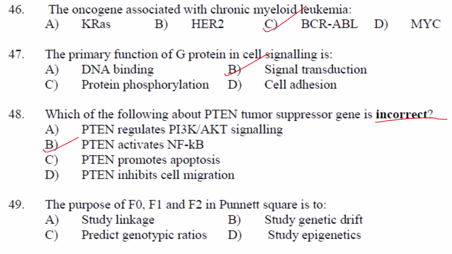Then the purpose of F0, F1, F2 in Punnett square. So what is this F0? It refers to the parental generation. F1 is the progeny upon crossing these parents, that is the first filial generation. F2 is again crossing the F1, you will get the second filial generation. So all these things you represent in the Punnett square, and what do you see?